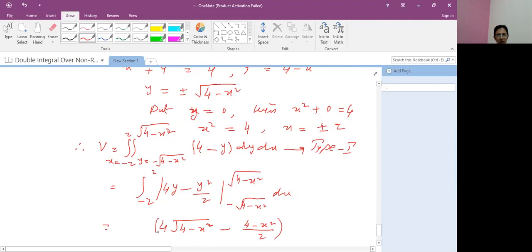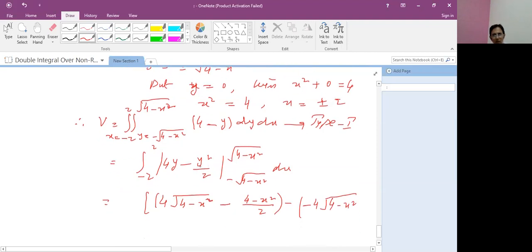It is the upper limit. For the lower limit, when we put the minus sign, it means minus 4 times the square root of 4 minus x square. But when we put the minus sign in the square, it is positive, and 4 minus x square without root, because the root and the square cancel each other, whole upon 2 into dx, and the limit of x is minus 2 to 2.